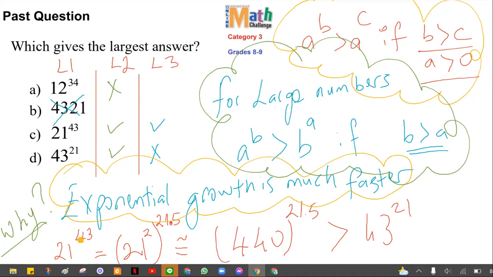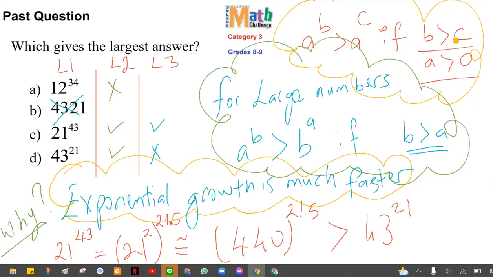So I rewrote this number this way, and 21 squared is approximately more than 440, I guess, or around this number. As you see, I use an approximation symbol, so this is not the exact result. This power is more than 21, and the base is also more than 43. So definitely this number is much bigger than this one. So the largest one is number D.